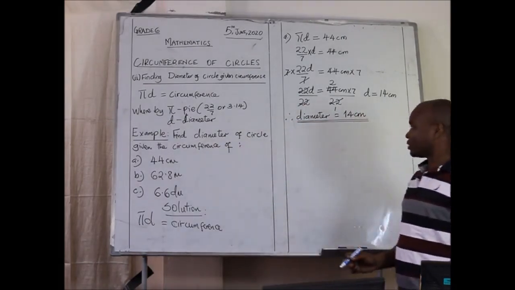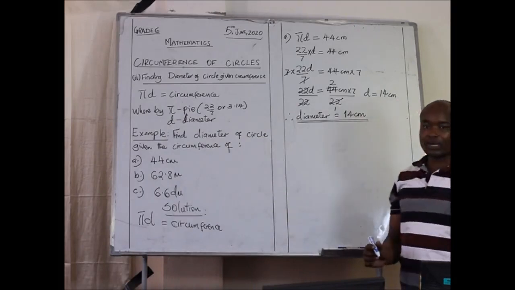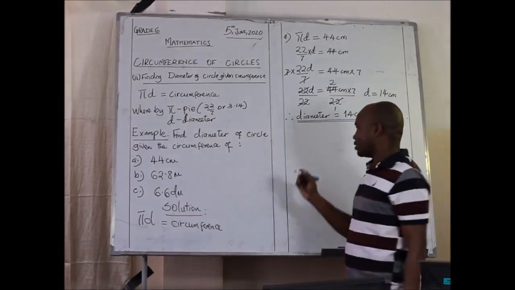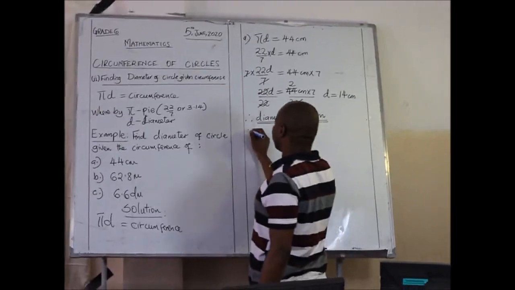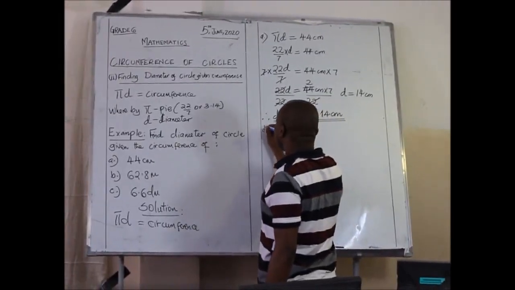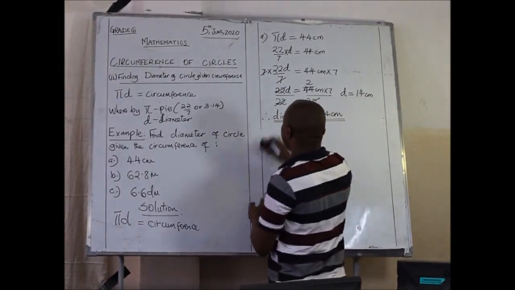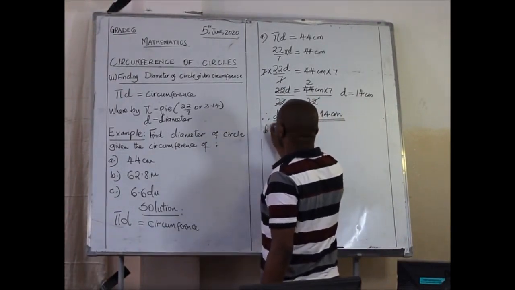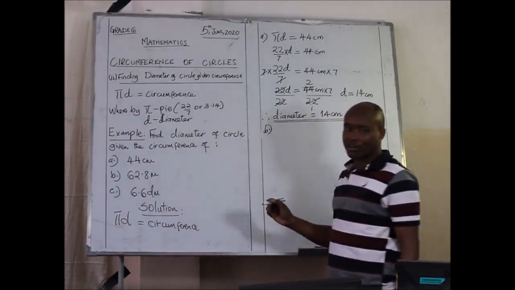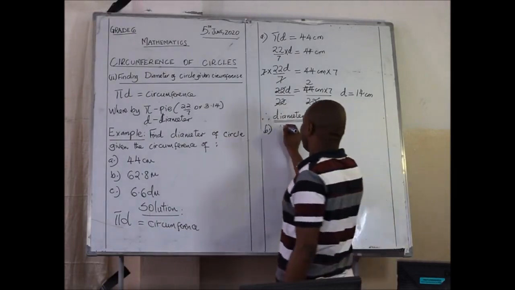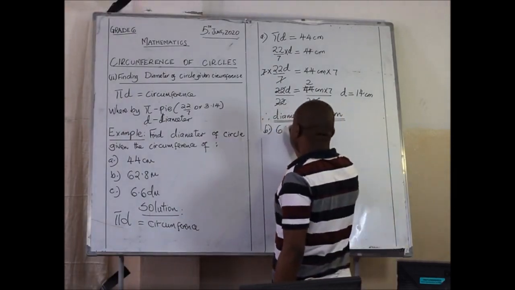We come to the second example. The second example states that we have to find the diameter if the circumference is 62.8 meters.